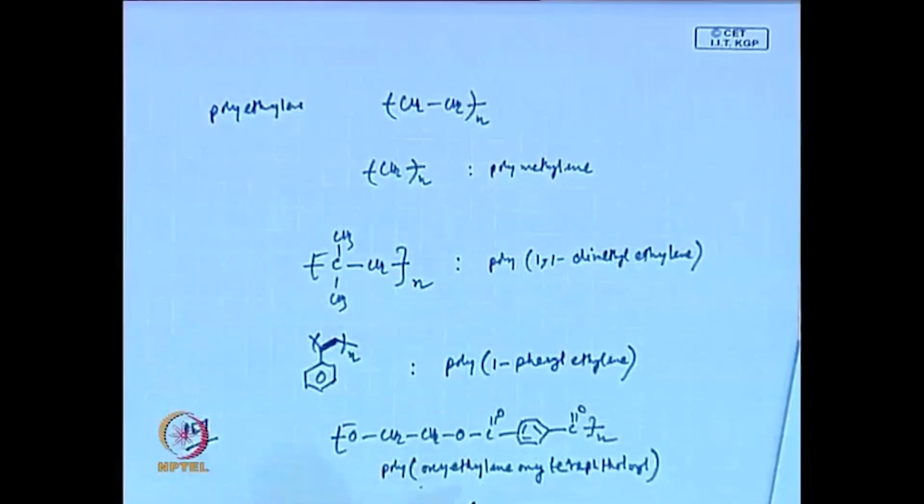So, it has become very difficult. So, that is why IUPAC nomenclature is not used very regularly, unless you are making a completely new polymer from a new monomer, or the name of the polymer is not conventionally available.